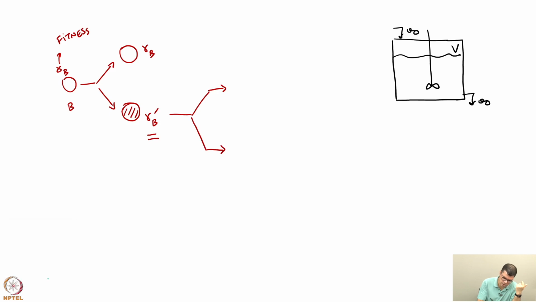The first one is called a beneficial mutation. This is the case when RB dash is bigger than RB. So the progeny that has resulted from this mutational event is actually growing faster than the parent that it was born out of. As a result, this is called a beneficial mutation because it imparts some benefit to the progeny.